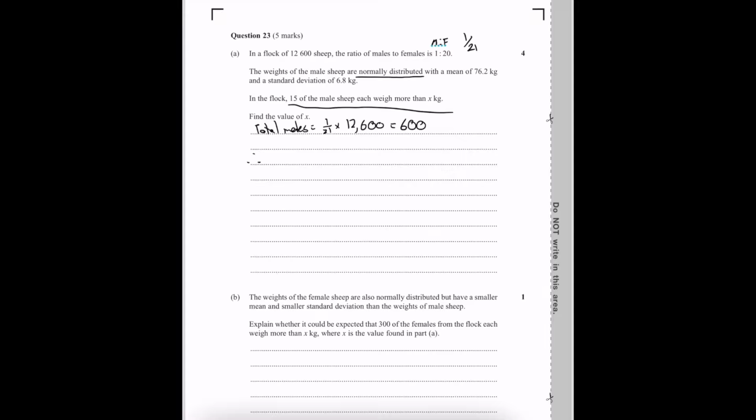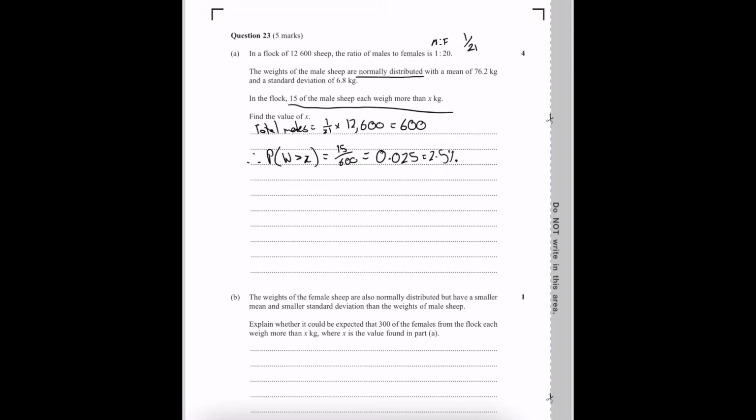Therefore, the probability that the weight is greater than x is equal to 15 out of 600. So once we know this, this simplifies down to 0.025 or 2.5%.